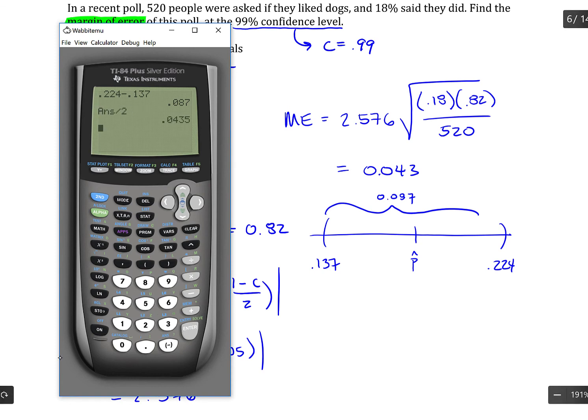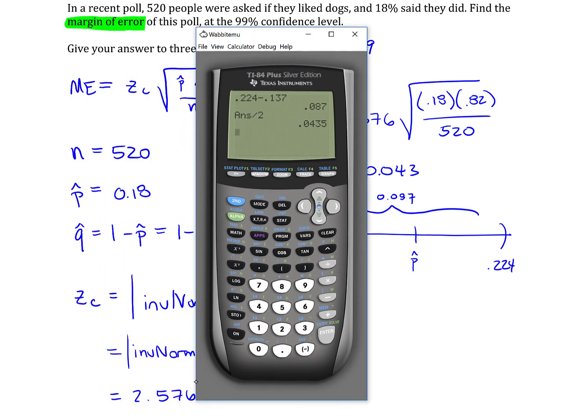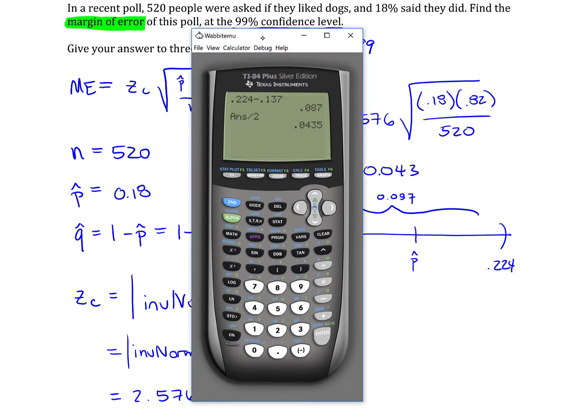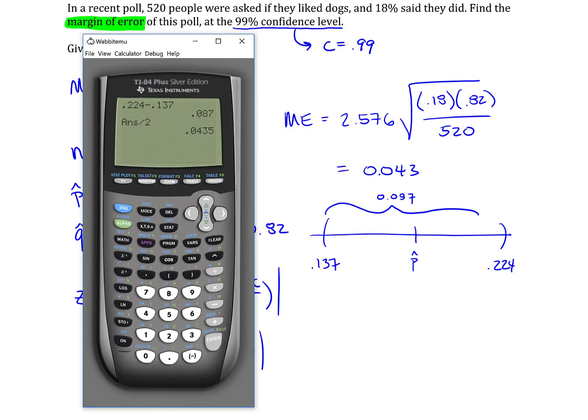If you divide that by 2, then that's going to give you half of the distance across. And so half that distance, there's a rounding issue here. We only did 3 decimal places with this z-score down here, and that's probably where it comes from. But you can see that it's basically the same value, so 0.043.